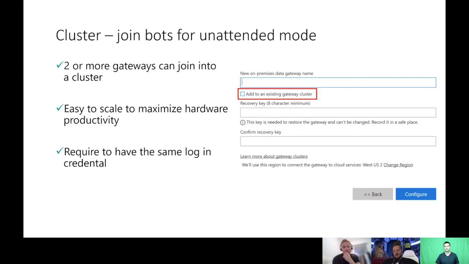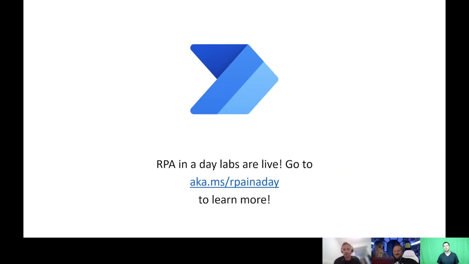All right. Just one last piece of information. If you'd like to start onboarding yourself or your company with Microsoft RPA, I highly encourage you to go to aka.ms/RPA in a day. That is a community-driven, Microsoft-supervised effort where you can download the labs, applications, and all the instructions around these labs and training materials.